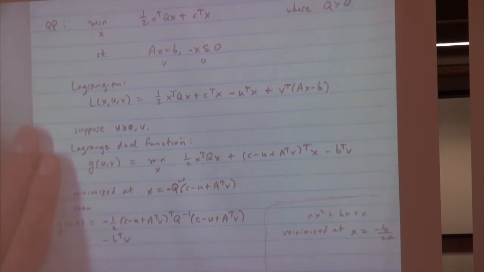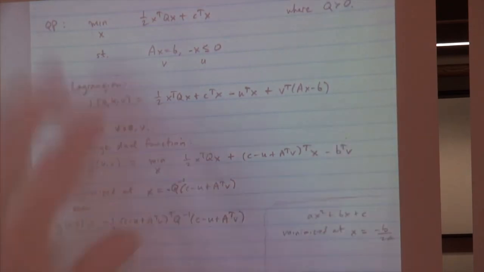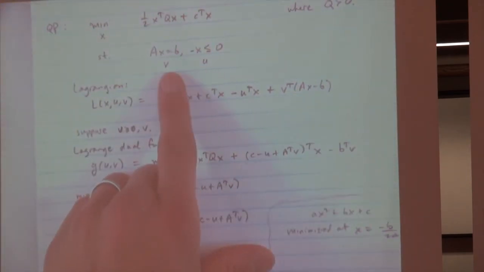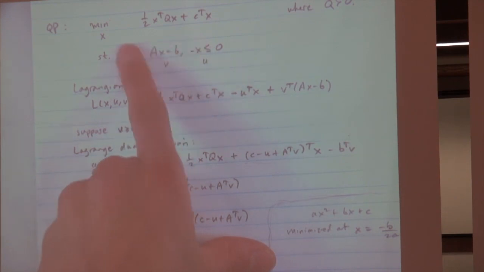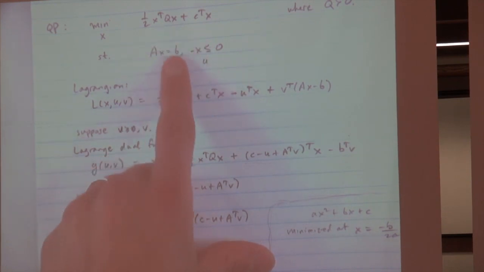Here's a very basic notion. We talked about this last time. How many variables does the dual problem have? The number of constraints, right. Suppose I had a quadratic program in 1,000 dimensions with 5 constraints. Its dual problem is going to be a problem in 5 variables.